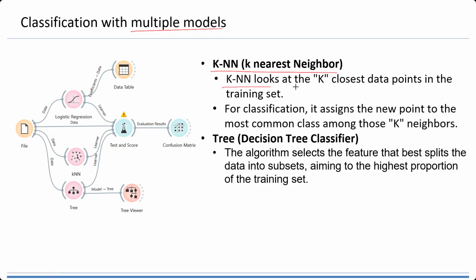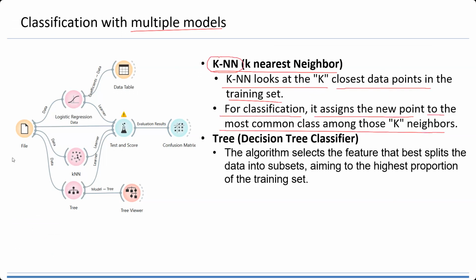KNN looks at the K closest data points in the training set. I think we will discuss more about KNN. For classification, it assigns the new point to the most common class among those K neighbors. Okay, so this is the concept of KNN.